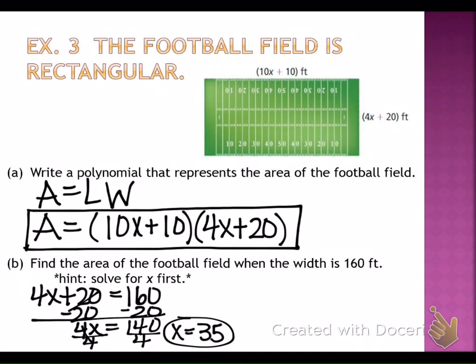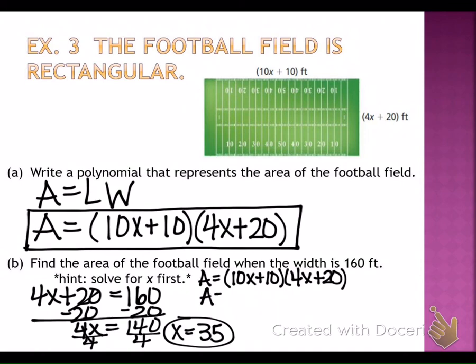They didn't ask us what x equals. They want us to find the area of the football field. Now, once I have the value of x, what can I do with it so that I can actually find the area? Go plug it into that area formula. So I'm going to bring that down. It was A equals 10x plus 10 times 4x plus 20.